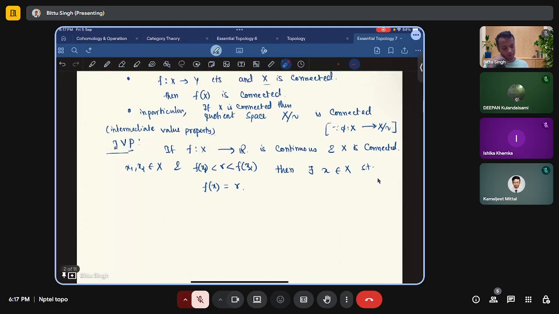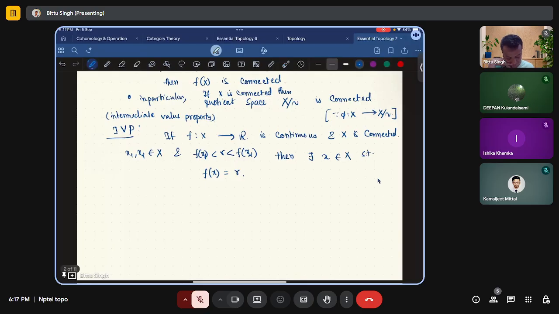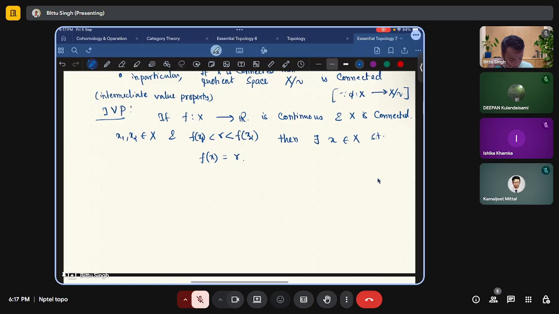And there is another definition. Connected component.